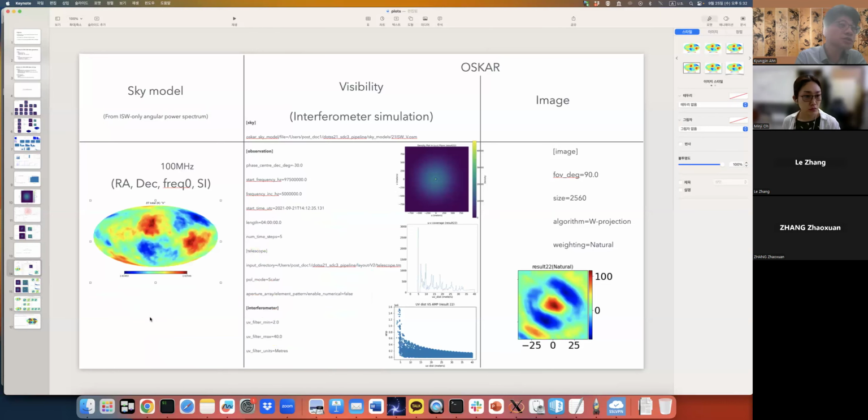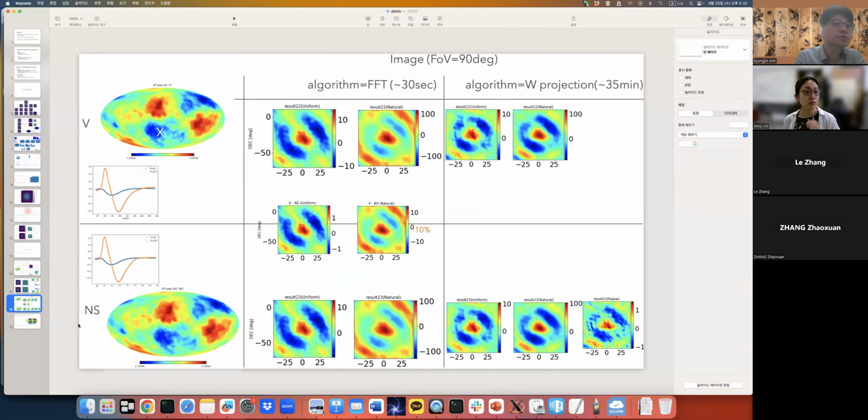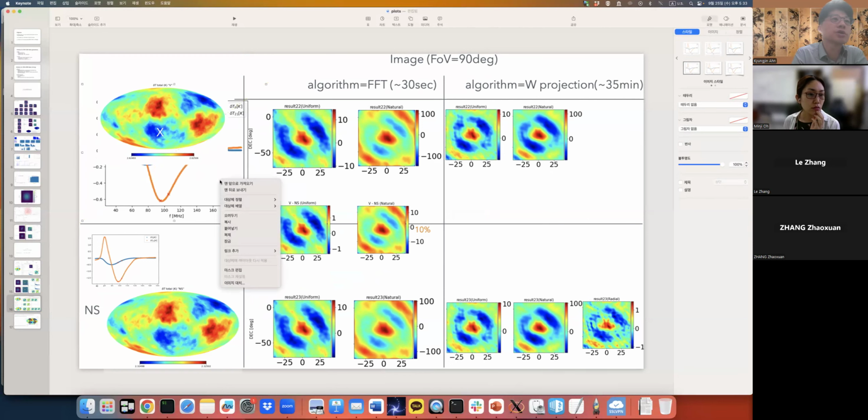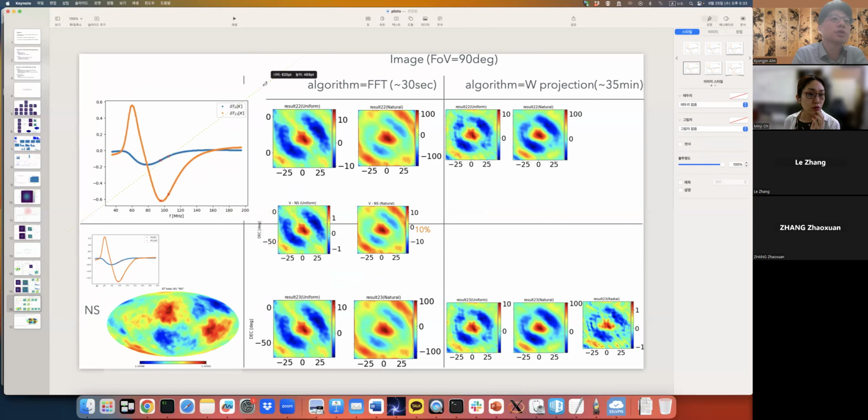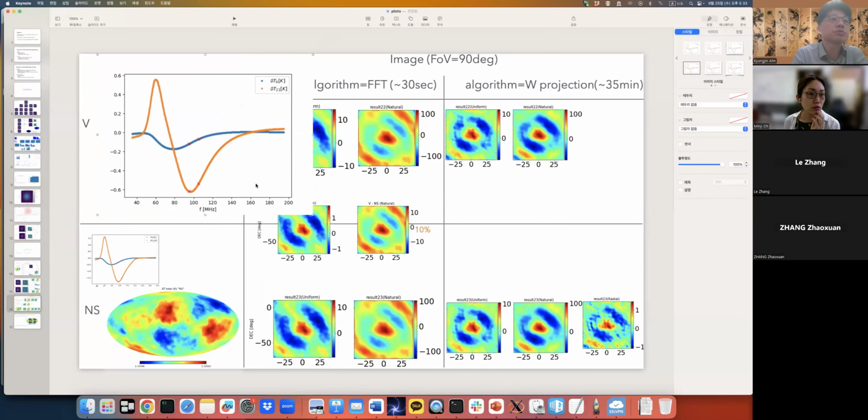Right. Here we have two choices. The x-axis is the frequency, and the y-axis is the delta TB, the differential brightness temperature of the monopole. The blue is the usual monopole signal. As you well know, it is absorption at high redshift and then slight emission at low redshift.